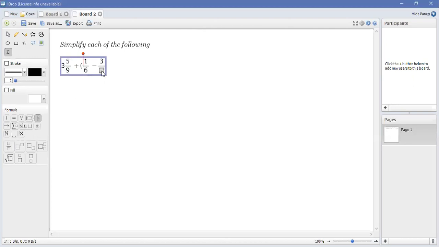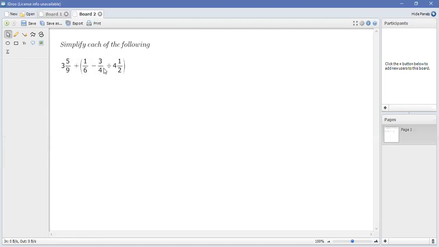Now please note what is in the bracket. Alright, so there they are now. Now when you look at this question, right?